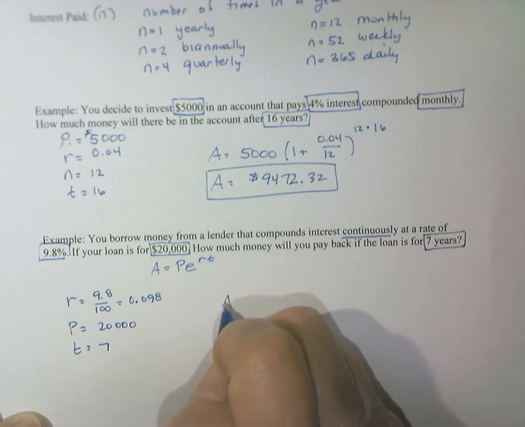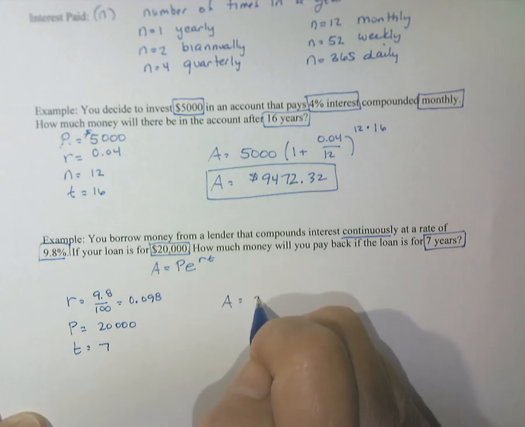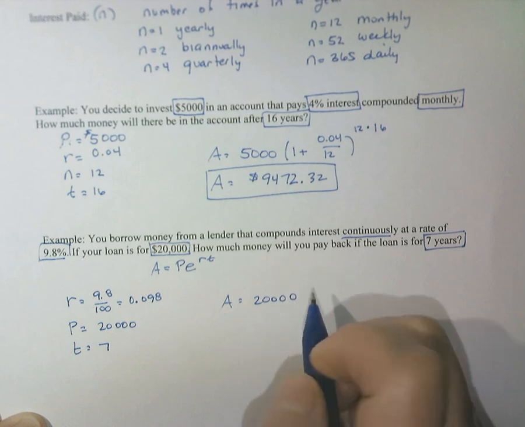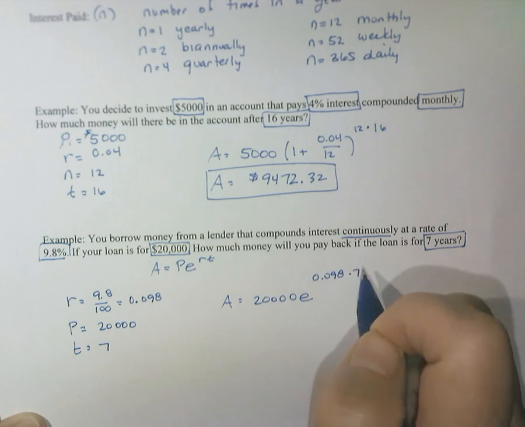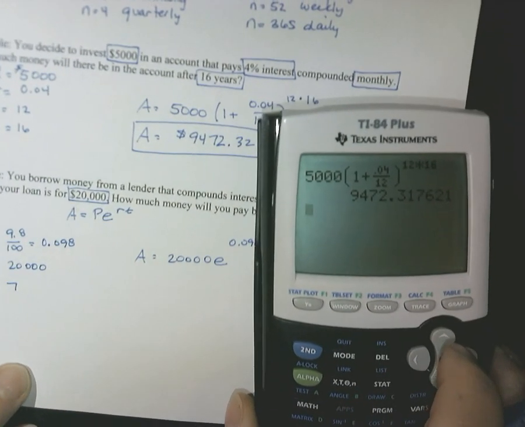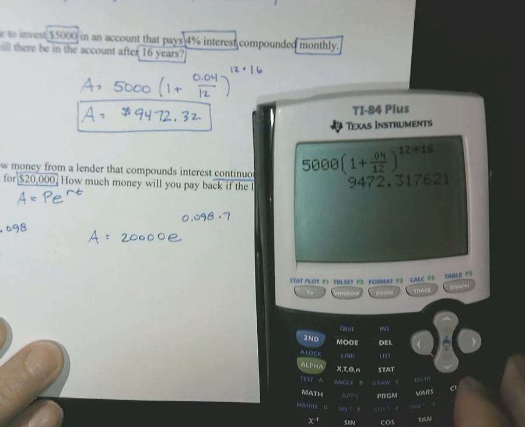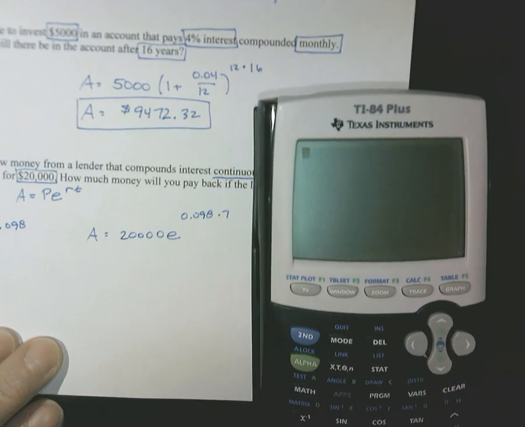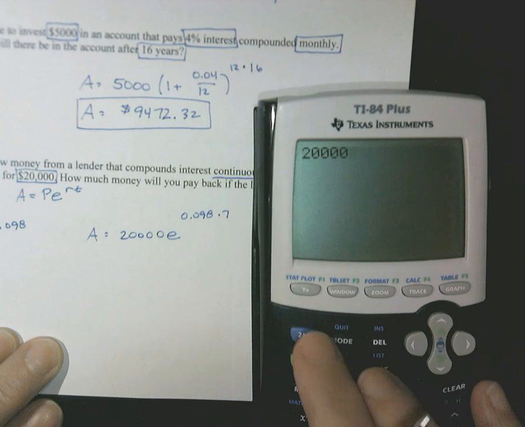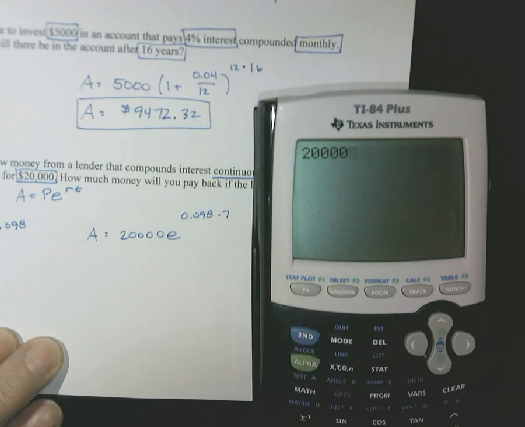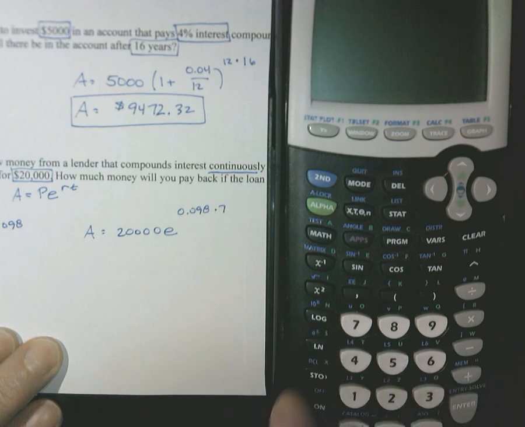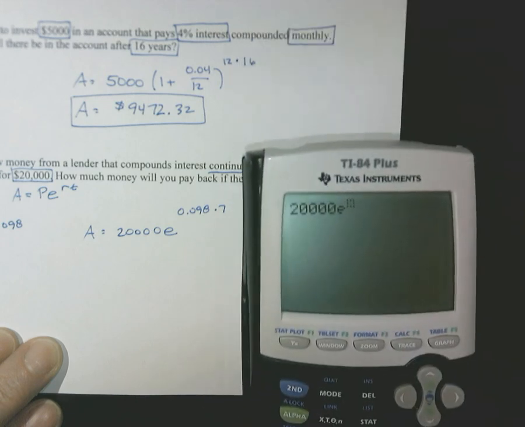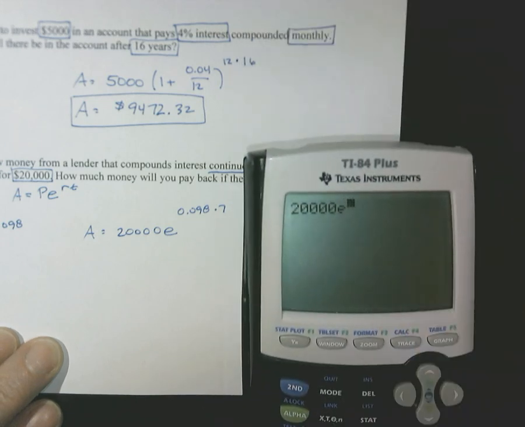So I think you're going to be surprised. If I did A is equal to 20,000 e to the 0.098 times 7, type it in the calculator. So 20,000, I'm going to get the e. I'm going to hit second, and then this natural log button down here. What that does is it gives me the e already raised to a power.